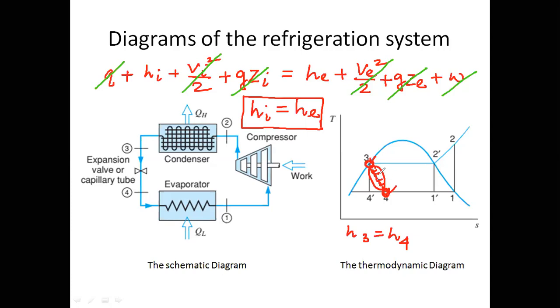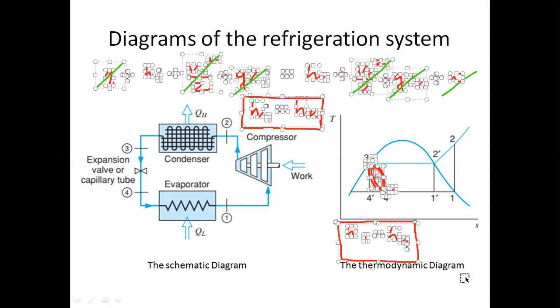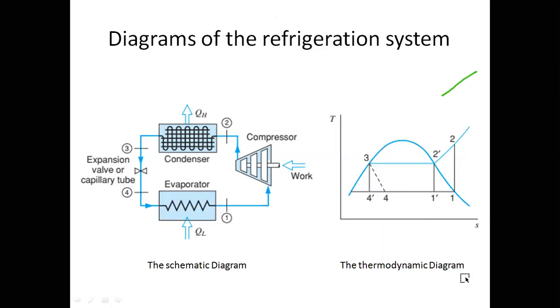That is why we do not know exactly the conditions or the state of the intermediate points. Simply we can use this for the analysis. Therefore, we have to keep in mind that end state enthalpies for the throttling process are the same.